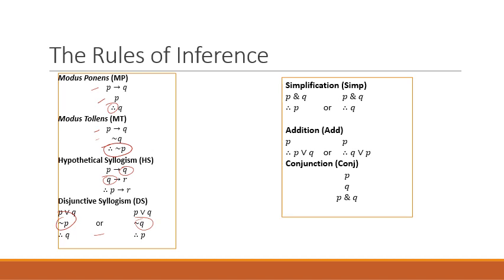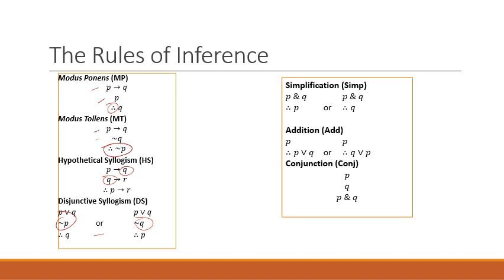On the right, though, we have some rules that we haven't discussed, some patterns that we haven't discussed. So one of them is simplification. Simplification is very easy because what simplification says is that if you have a conjunction, which is an and sentence, anywhere in your proof, then you can break it apart into its component parts.